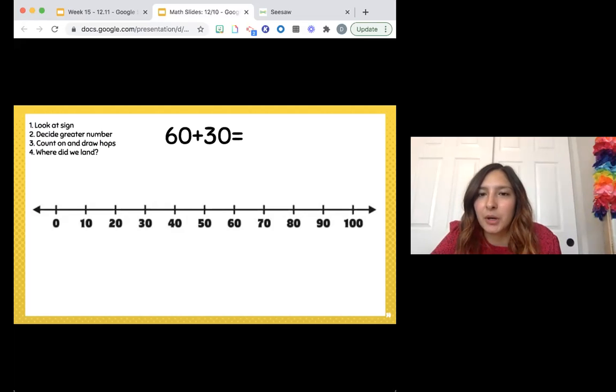Make sure that you draw your hops on your number line, okay? Great work, Sophia.